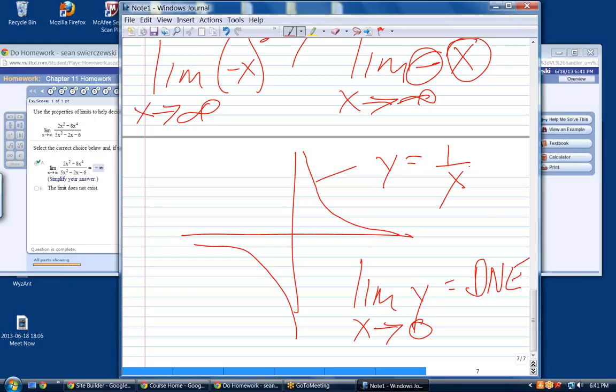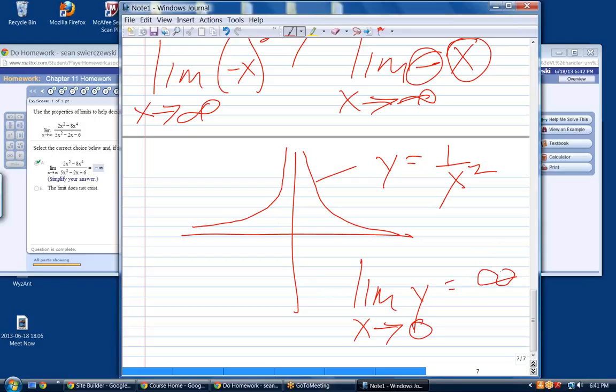Let me change the function slightly. I'm going to make it 1 over x squared. Now what is the limit of this function as we approach from the right? Infinity. And from the left? Infinity. Since they are the same, this is infinity.